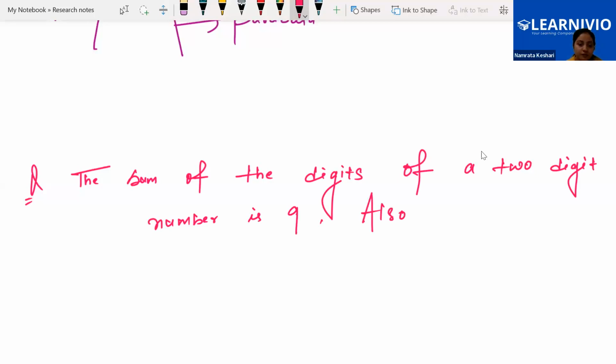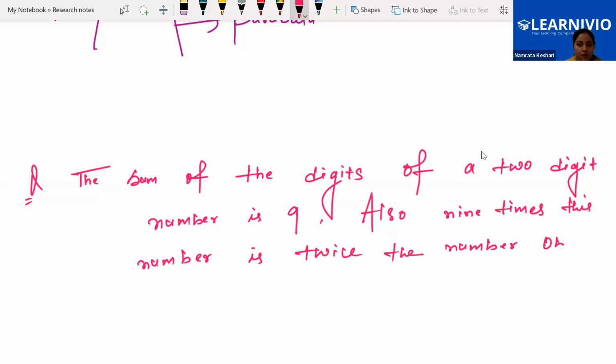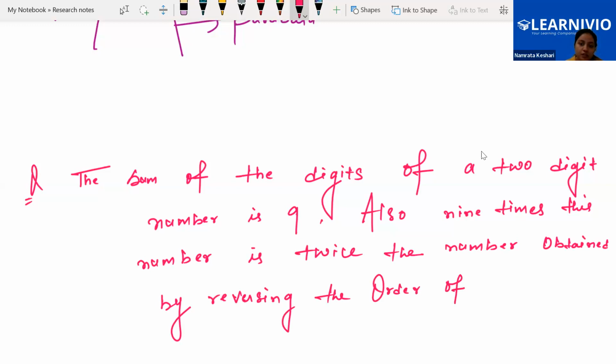Also, 9 times this number is twice the number obtained by reversing the order of the digits. Find the number.